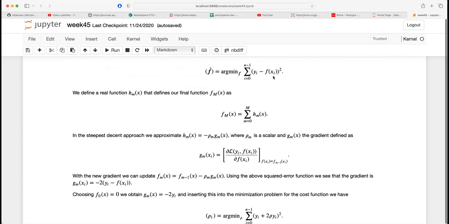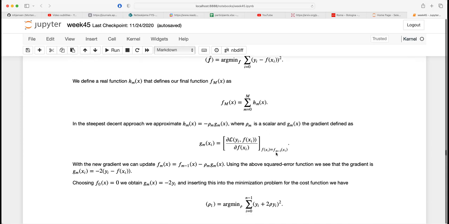And you know that this is pretty easy to take the derivative of, because that simply gives us minus 2 times y_i minus f of x. So that would be the derivative of that expression. And then this is calculated at the previous value, f_{m-1}, as you can see here.